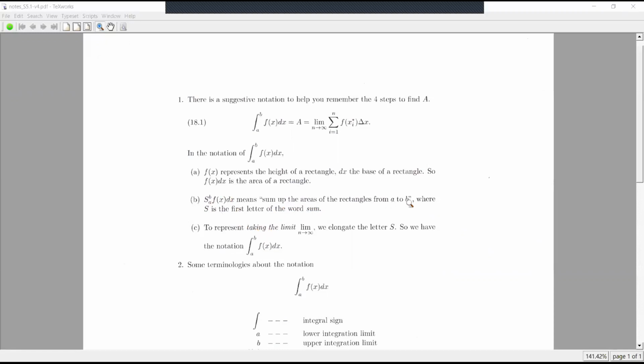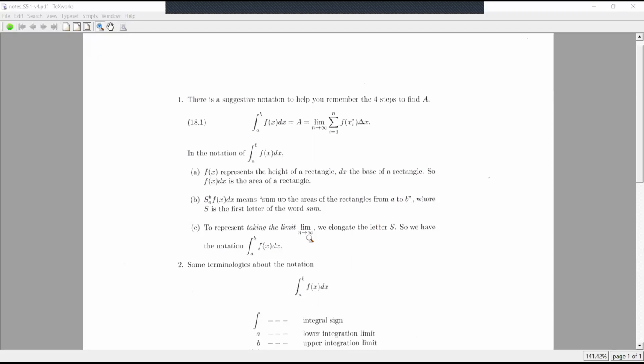After we sum up the areas, we need to take the limit. We need to let n approach infinity. Then the sum of the areas will approach some number. The number is the exact area of the region. So we need to take the limit.